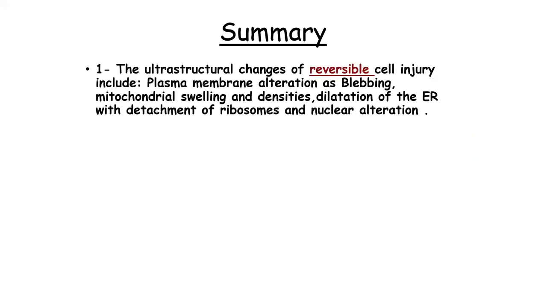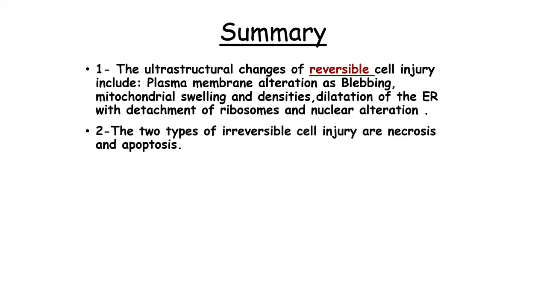In summary, the ultrastructure changes of reversible cell injury include plasma membrane alterations such as blebbing, mitochondrial swelling, densities, dilatation of the endoplasmic reticulum, detachment of ribosomes, and nuclear alteration in the form of chromatin clumping only. Two types of irreversible cell injury are necrosis and apoptosis.